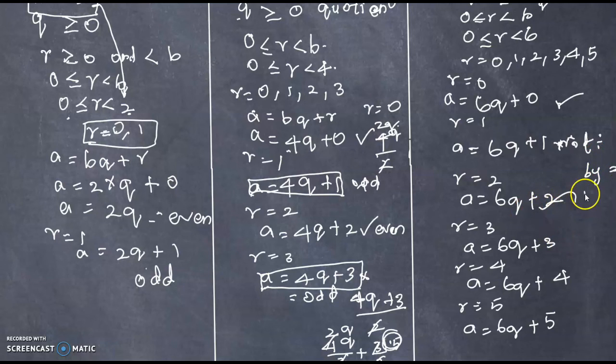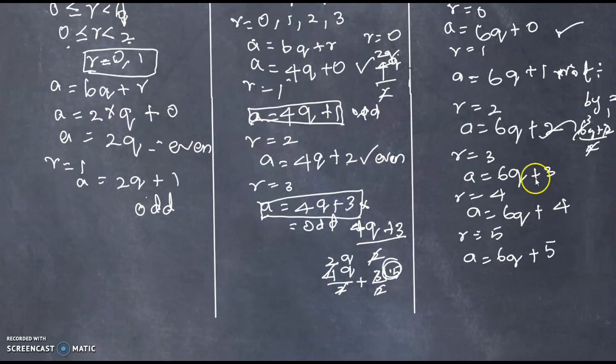You can check: 6Q plus 2 divided by 2 gives 3Q plus 1, so there is no decimal. Whereas 6Q plus 3 divided by 2 gives 3Q and here 1.5. Since this is a decimal, this is for an odd integer.